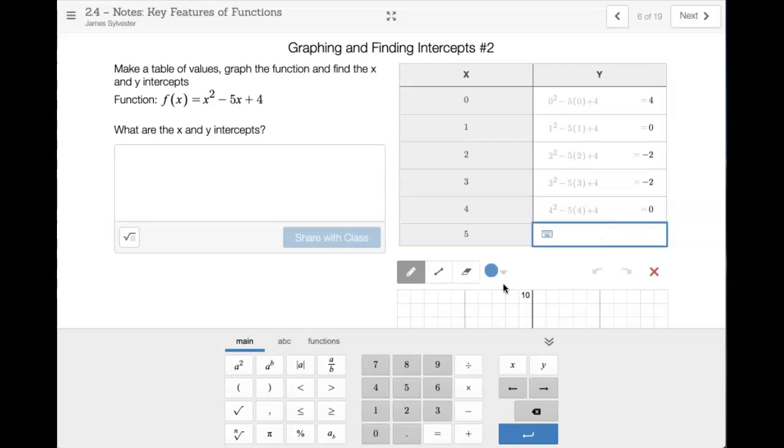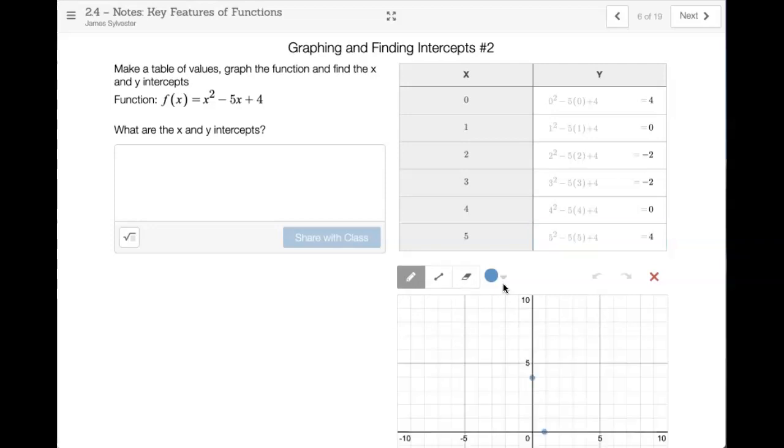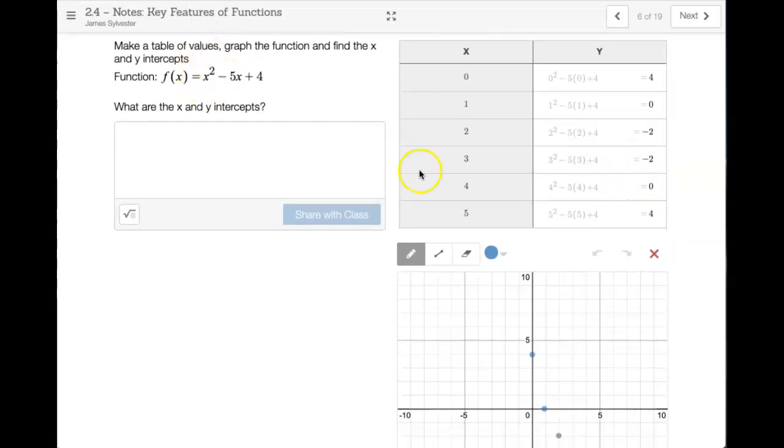That one's 0, and then here 5 squared minus 5 times 5 plus 4, and the answer is 4. So another thing you'll start to notice about these parabolas is, again, it has an x squared, so it's going to be that curved shape.